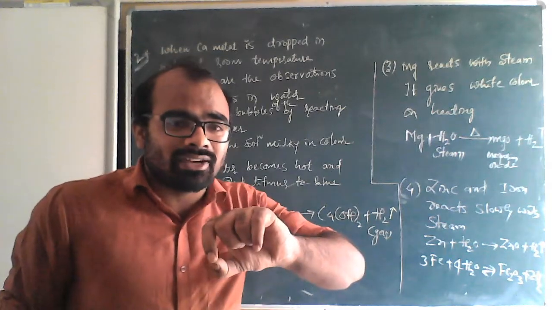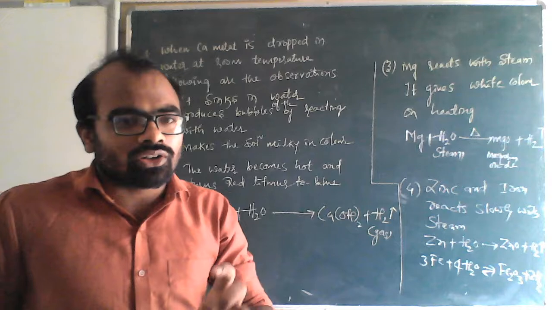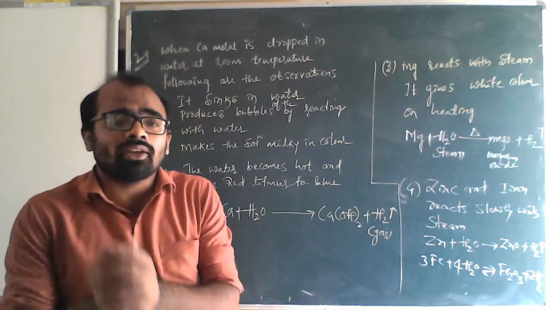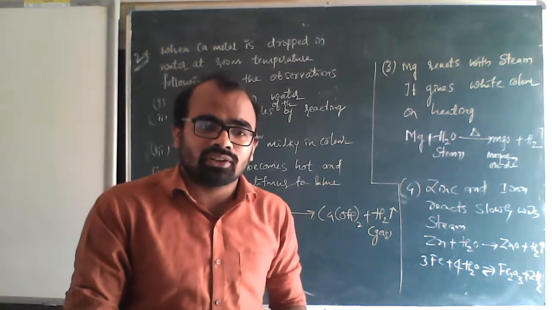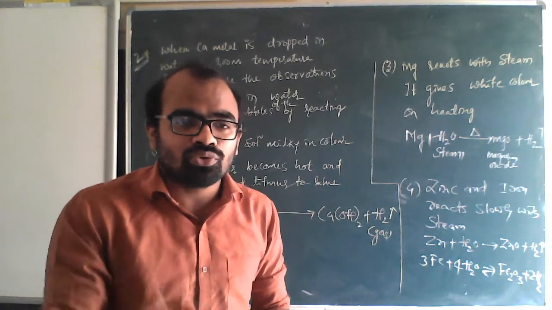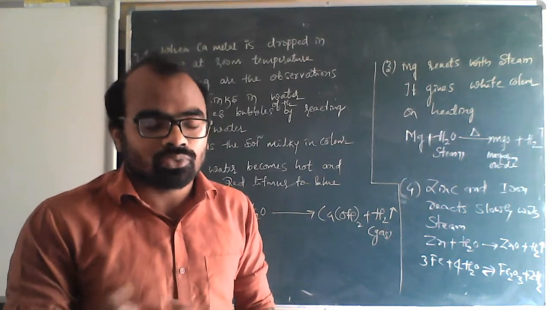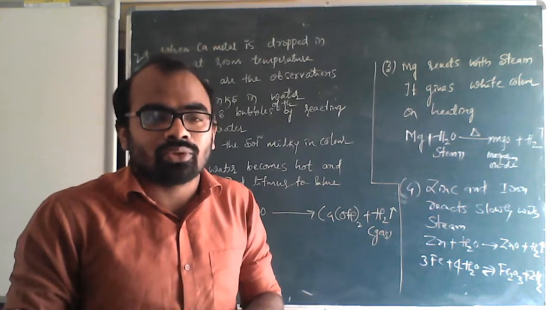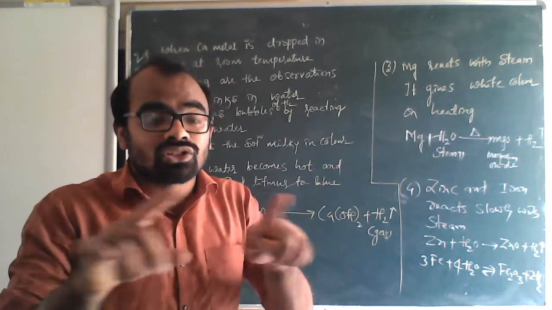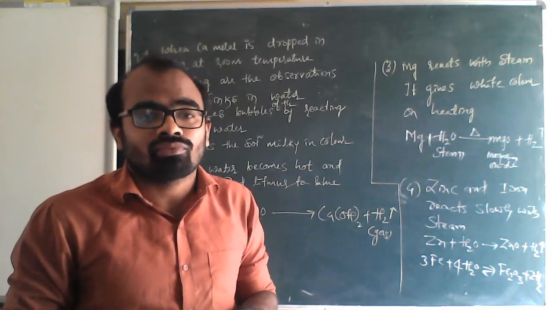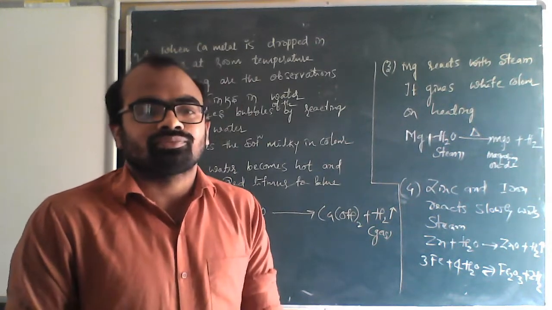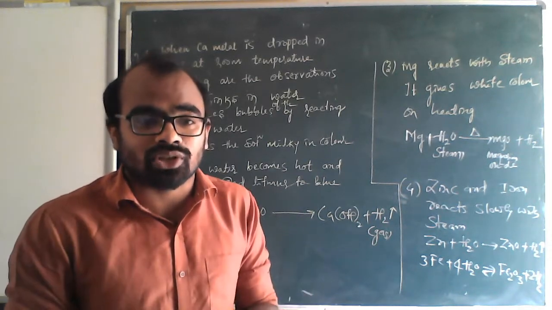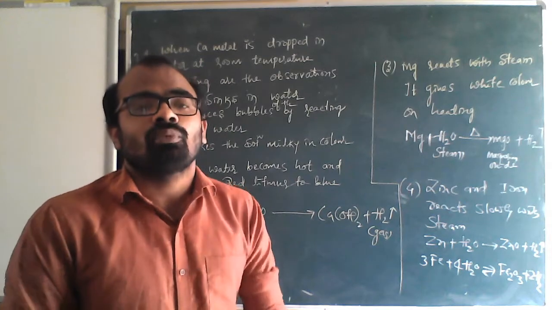When calcium metal is dropped in water at room temperature, it sinks in water and produces bubbles of H2 by reacting with water. The solution in which calcium metal is dropped turns milky and the water becomes hot because heat is released, and this is a basic solution which converts red litmus to blue litmus.